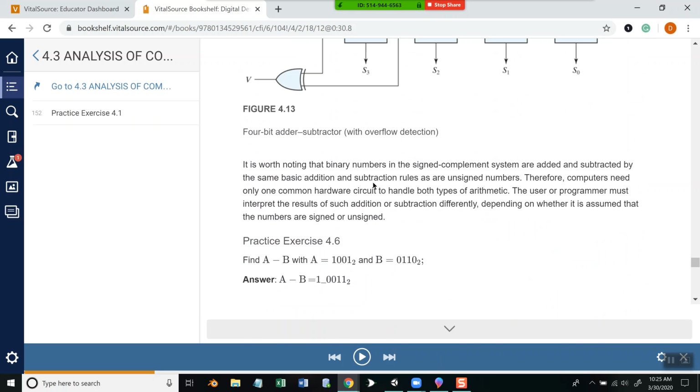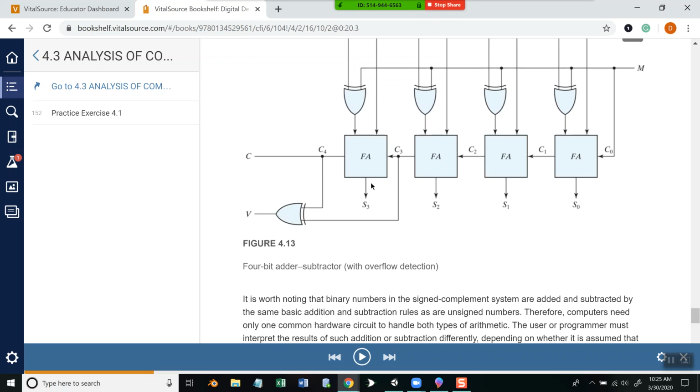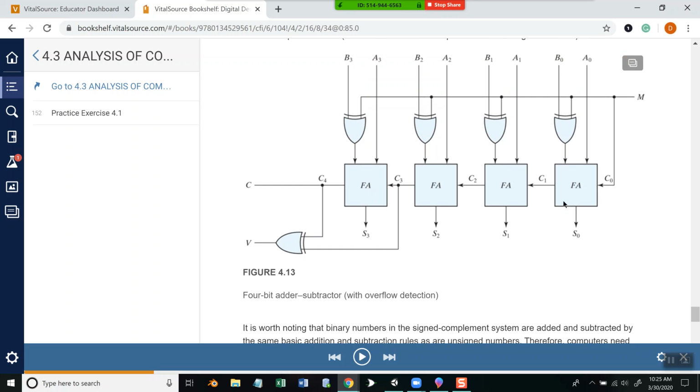Now, I wasn't sure when I saw this up here. They say with overflow detection, but I don't see C sub 0 being sent through an XOR with C4.